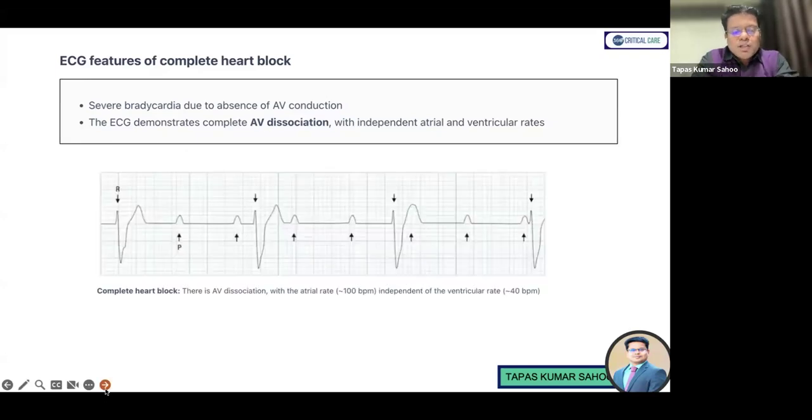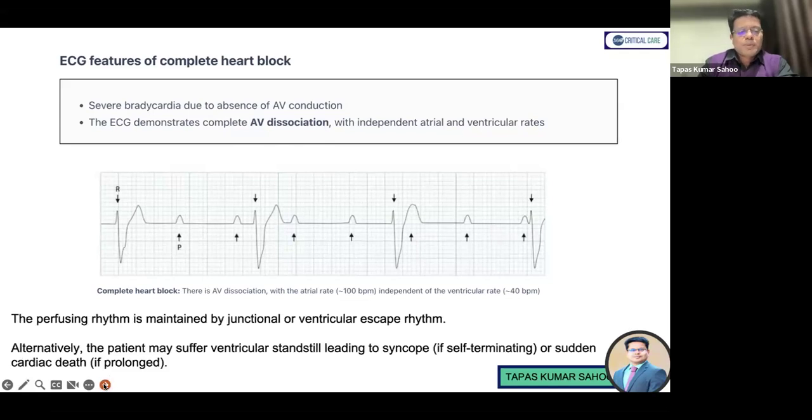This would be the typical complete heart block ECG. There is AV dissociation, and you can see here the P wave is 100 beats per minute atrial rate, and the ventricular rate, this QRS complex, is around 40. So the atrial rate is 100 and the ventricular rate is 40. This is typical AV dissociation, and the patient is having severe bradycardia due to complete heart block.